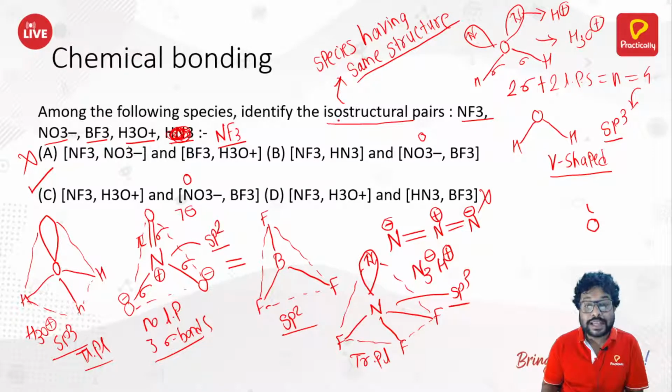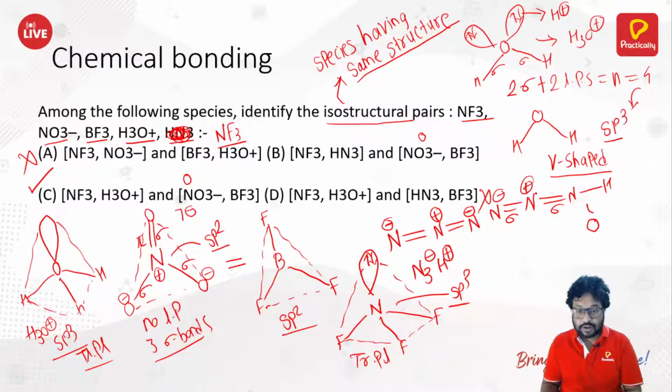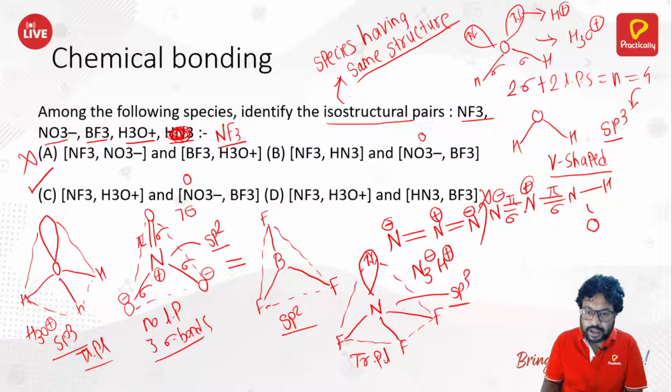If you are talking about HN3, which I had drawn here, its shape actually is like this. It's a linear shape. See, minus, plus, and this nitrogen is attached to hydrogen. You can see here sigma bond, central atom. We are talking about the central atom, right? Sigma bond, this is pi, this is pi. So 2 sigma, no lone pair, that means the number is 2.